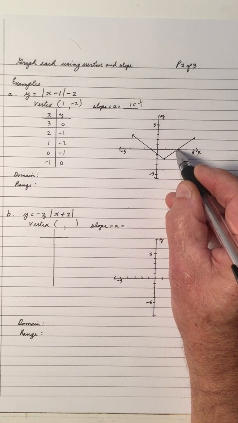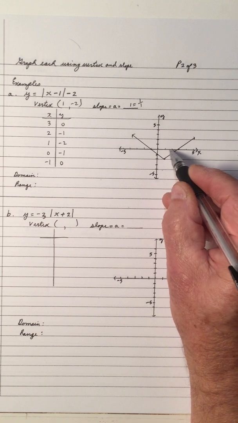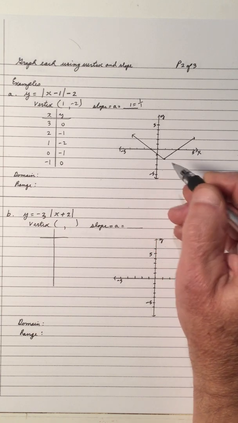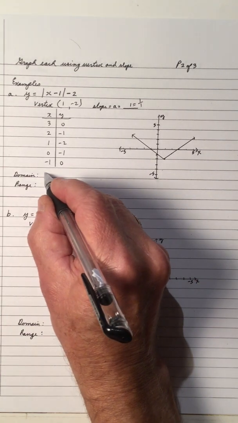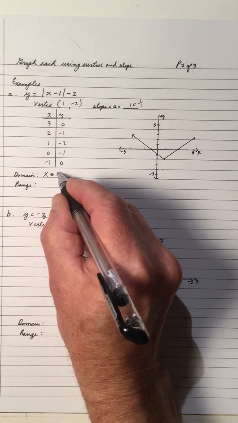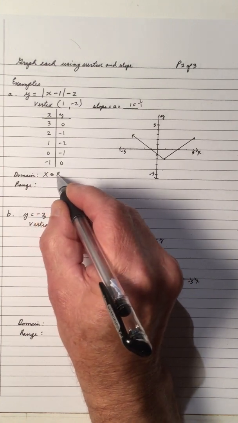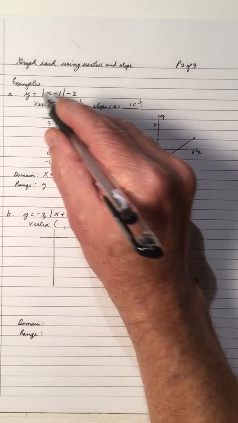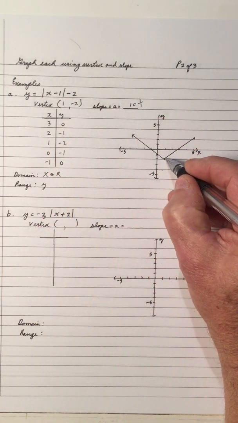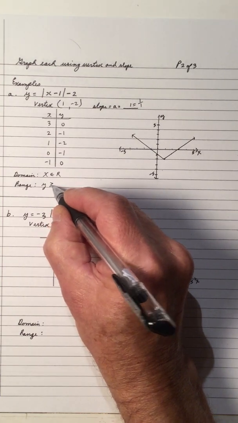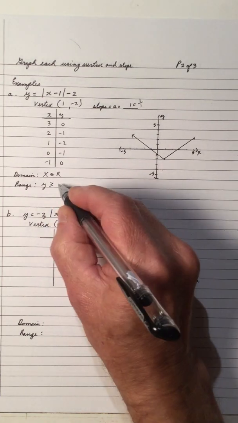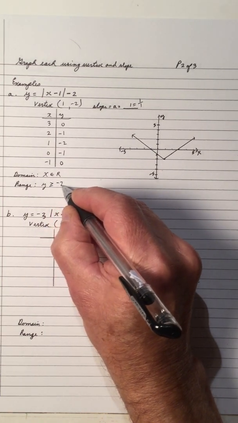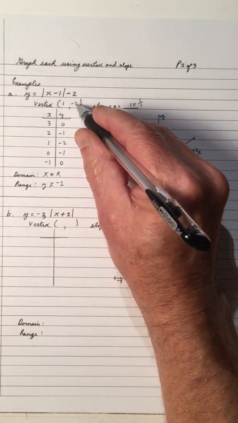If you move 2 units to the right, you get the same value as if you move 2 units to the left. And the domain is always all real numbers. X belongs to the real numbers. And the range, well, this is positive, it's going up. The y values start at negative 2 and go up, so y is greater than or equal to negative 2, the y value of the vertex.